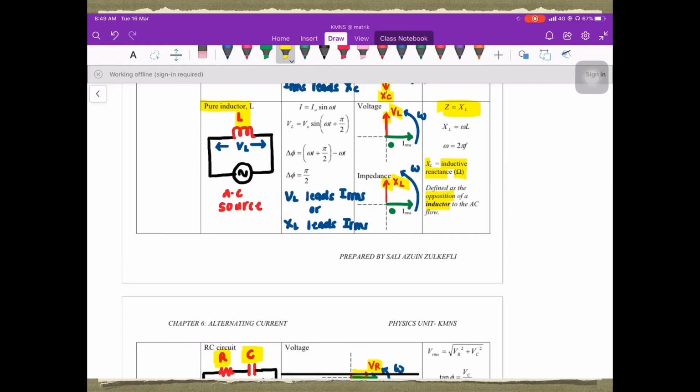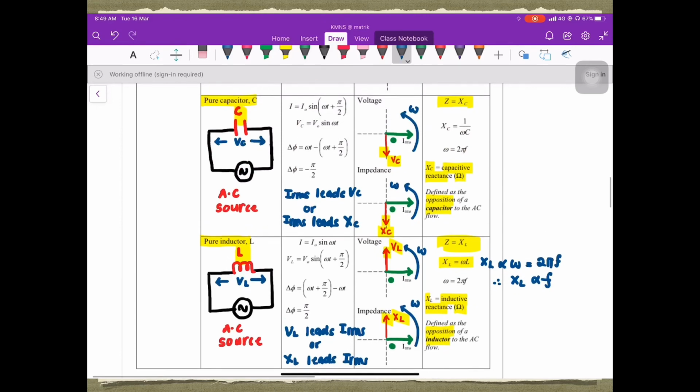So now we look at the equation to calculate XL. XL equals omega L, meaning from this equation, we can see XL is directly proportional to omega. Omega equals 2 pi f. Therefore, XL is directly proportional to the frequency.